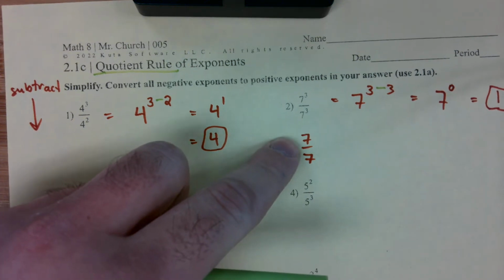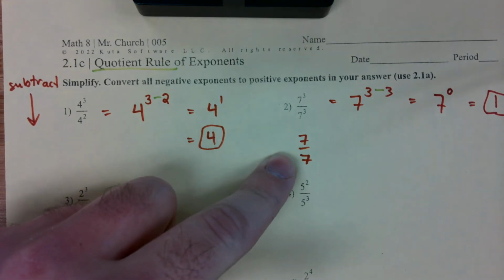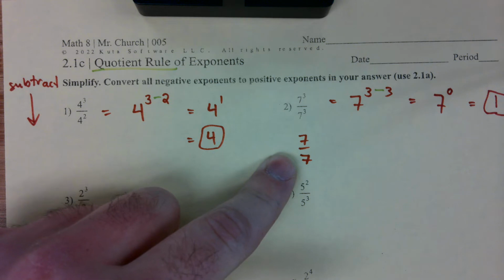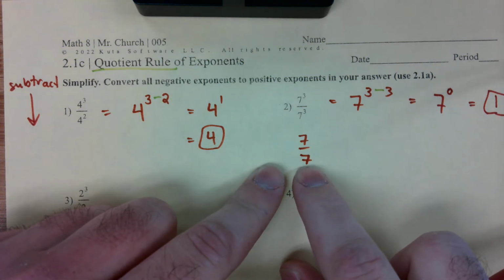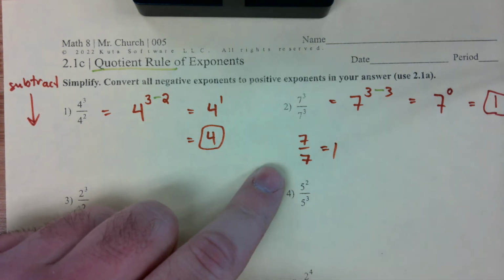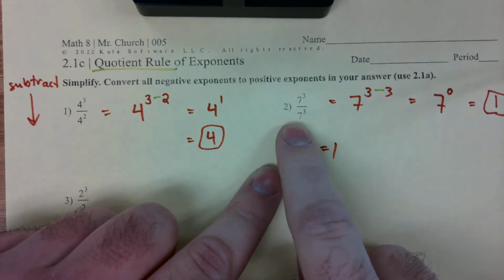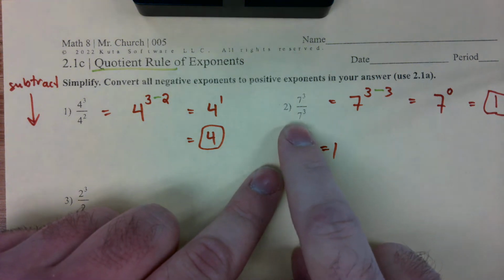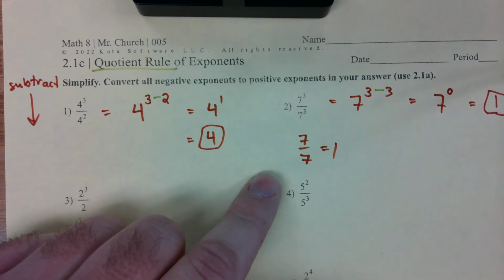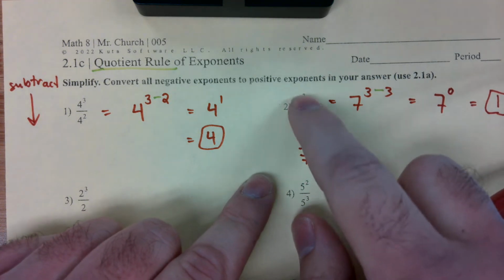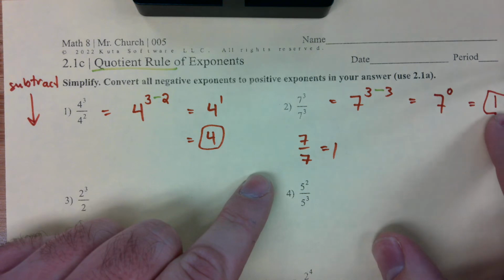Whenever we have the same thing on the top and bottom, is it always going to equal 1? Yes. Right? Whenever we have the same numerator as denominator, this is always going to be equal to 1, right? Do we have the same numerator and denominator in our original question? Yeah, it's 7 to the third over 7 to the third. So without even knowing the quotient rule, we can say, oh, same thing on top and bottom, that's equal to 1, right?